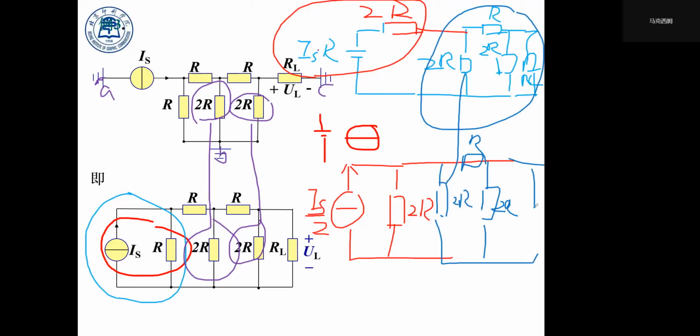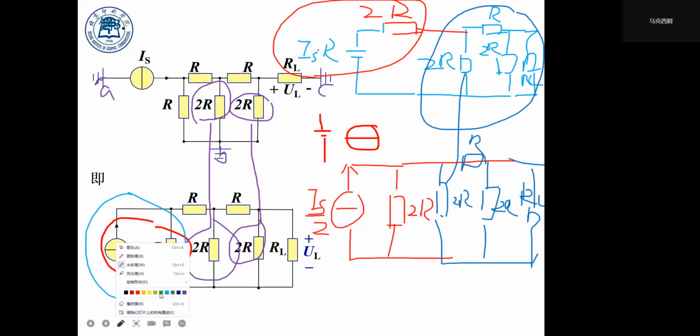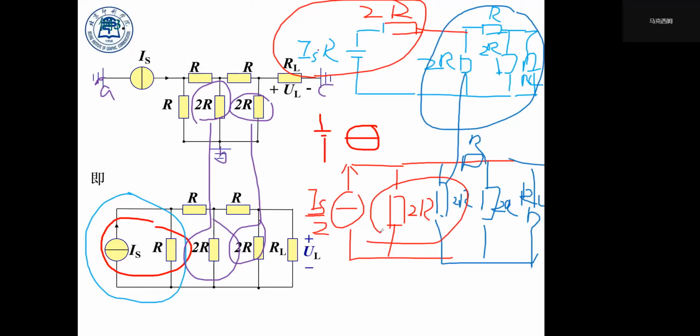Then we have an R L. And then we do the parallel connection of the resistors and do that trick again. They are in a parallel connection, so we can just replace them with one single resistor of value R.